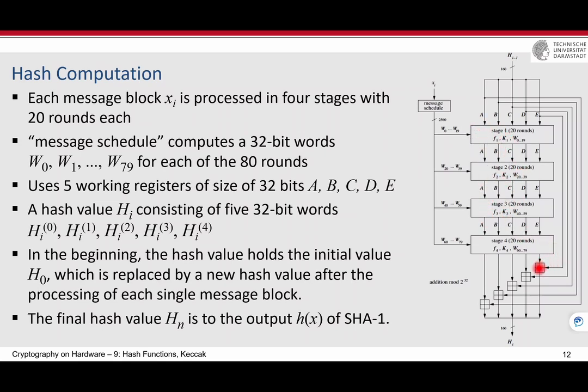What you see here, the symbol, is arithmetic addition; they are added together modulo 2 to the 32, so the output is 32-bit. If I'm not mistaken, yes, it should be 32-bit.